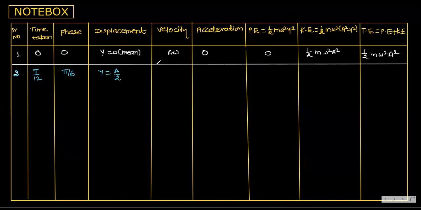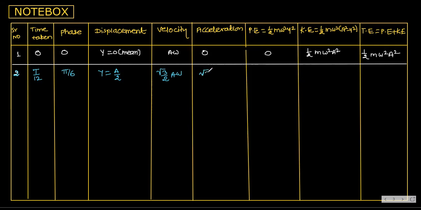So here velocity is root 3 by 2 into a omega. Here acceleration is equal to a omega square by 2.